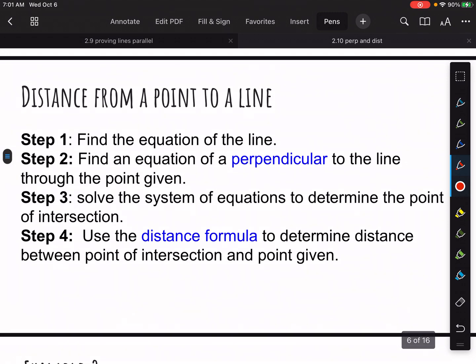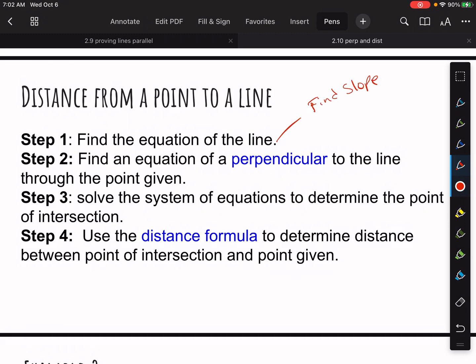So here are the steps for today, guys. This is what we're going to do. There's only 4 problems, I believe, on the homework that I give you, but here are the steps to doing those. Number 1 is you're going to find the equation of the line given. They might give you a set of coordinates, and you have to find the equation of the line through the coordinates. So again, to find that, we're going to find slope.